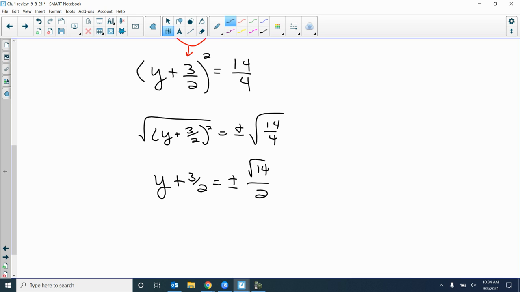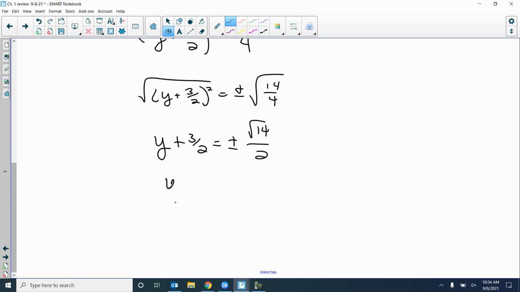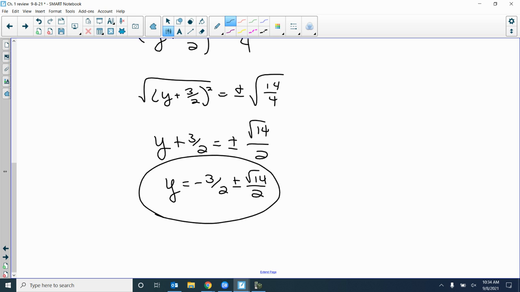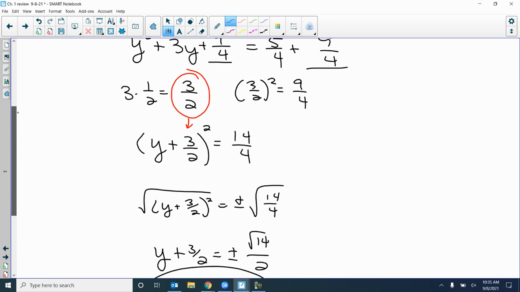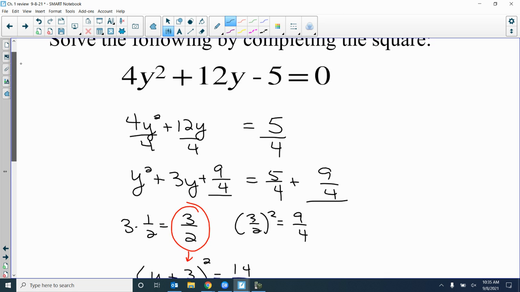And more often than not, these 2 denominators are going to be the same. Okay. Now just move your 3 halves over, subtract it, and I get y equals negative 3 halves plus or minus square root of 14 over 2. Okay? And there's your completing the square. Make sure that coefficient is a 1. Got to be a 1. Okay. All right, so that's completing the square.